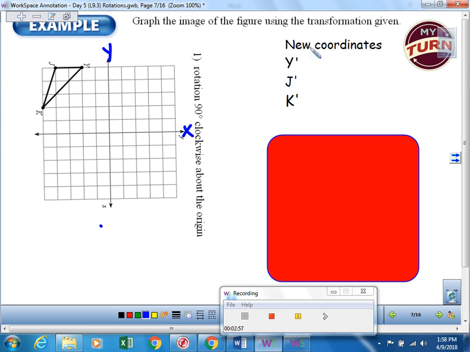You have to write the label Y prime, and then we're going to find Y, and you're going to write the coordinates here. This would be -2, 5. And then J prime would be -4, 5. And K prime would be -5, 2.